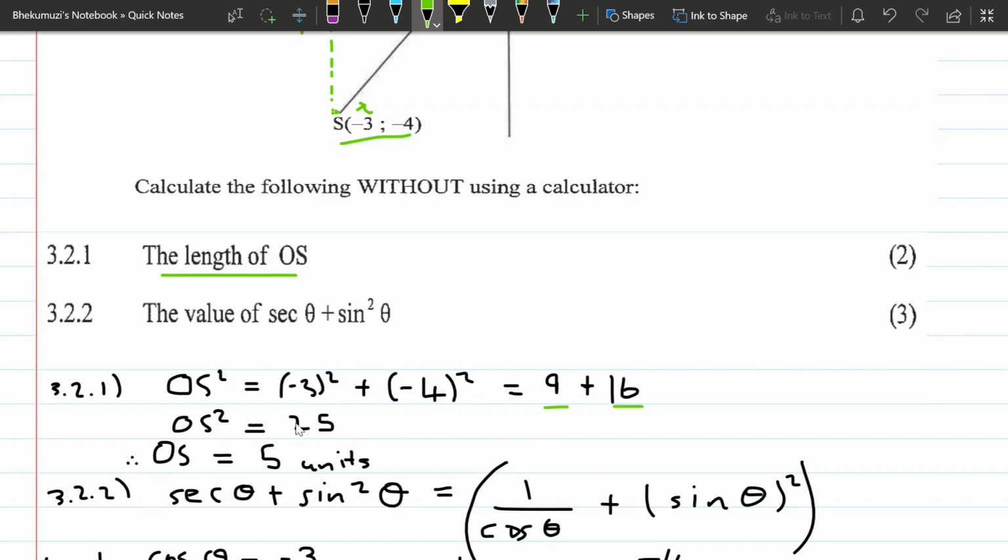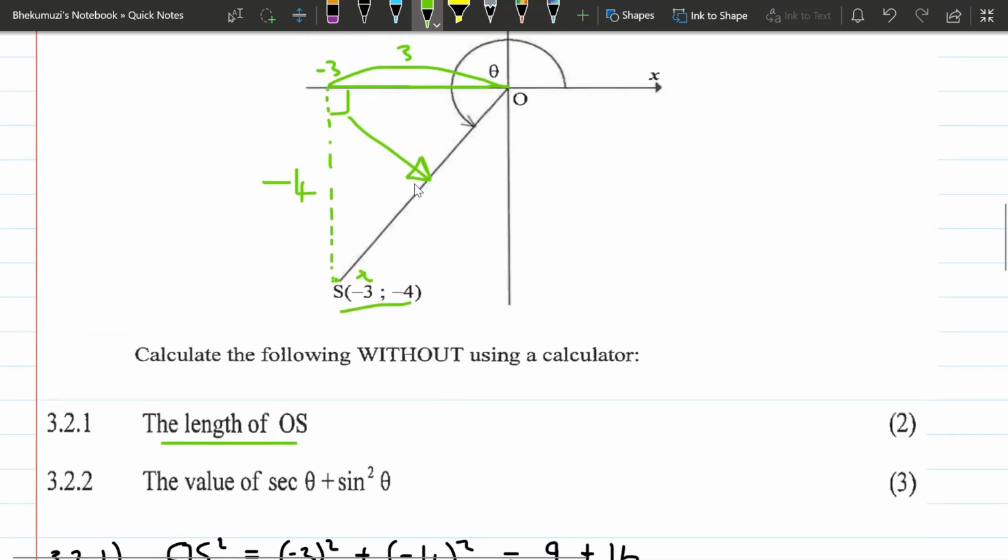But then we are not looking for OS squared, but just OS, so we square root both sides, and the square root of 25 is just 5 units. So basically, the length of OS is 5 units, right?